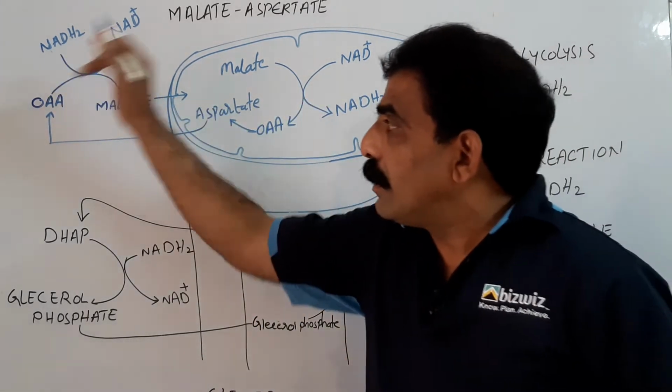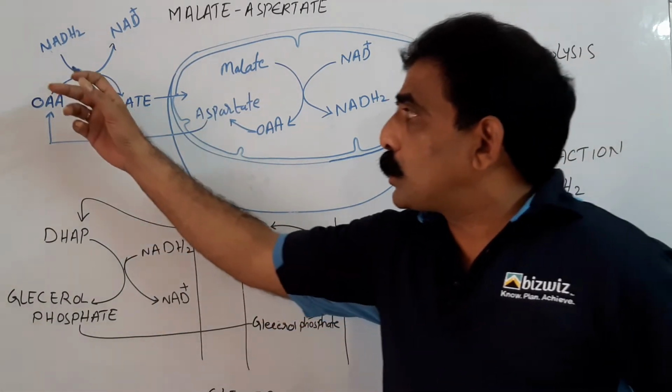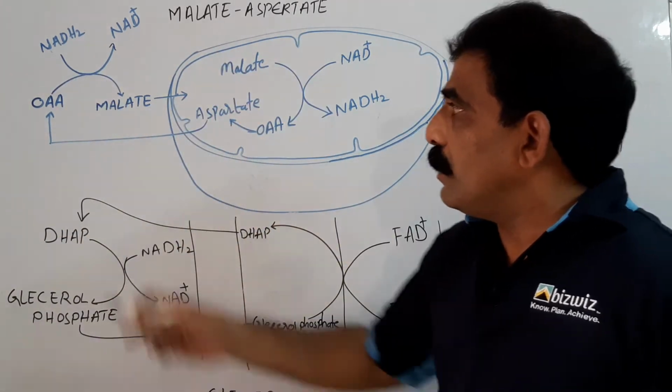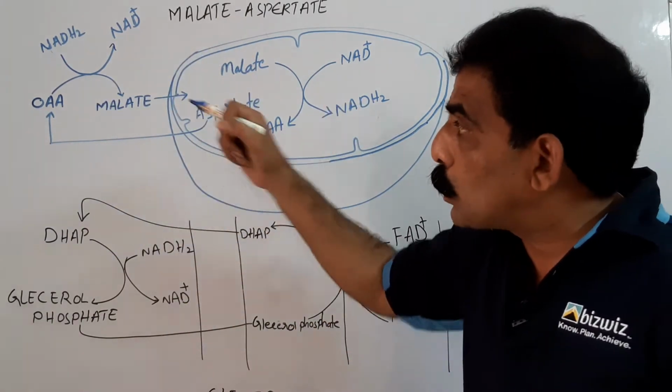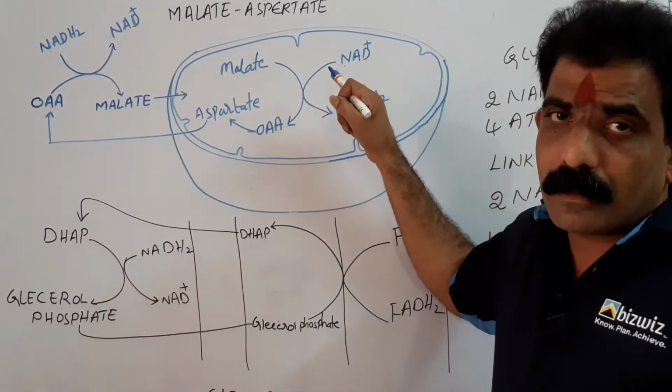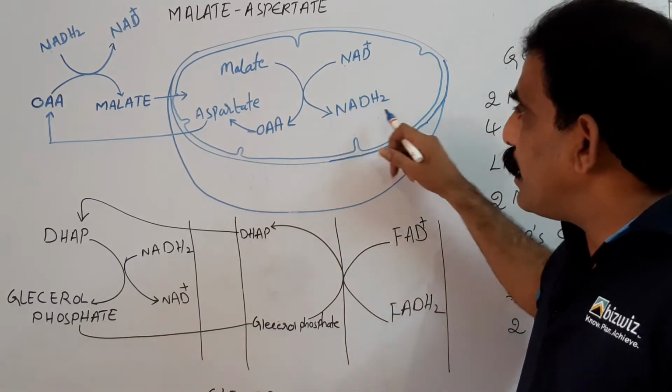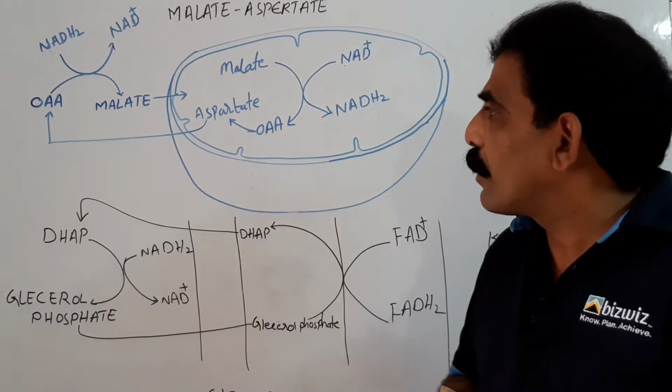So here the cytosolic NADH2, in the case of the malate aspartate shuttle, transfers its reducing equivalents to NAD+. Hence here also NADH2 is formed.